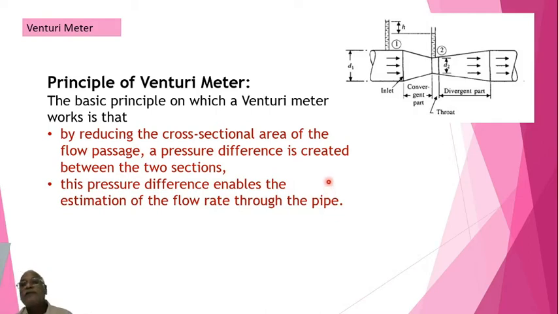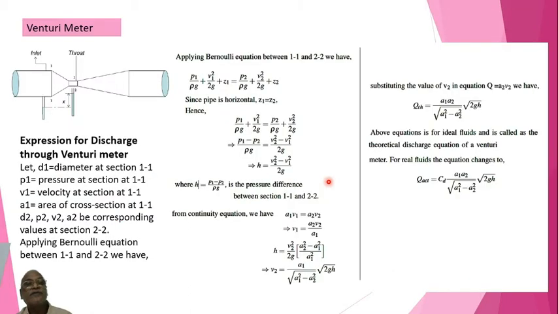Okay, this is the principle of Venturimeter. Now there is a derivation: expression for discharge through Venturimeter. Here there is a diagram, section 1, section 2 having constant diameter. Very prominently, this is a converging section of very small length, whereas this is diverging to reach the same diameter as earlier over a larger length. Here there is a pressure tapping, and at the inlet also there is a pressure tapping.